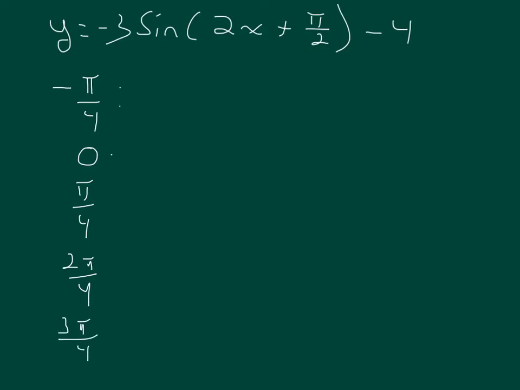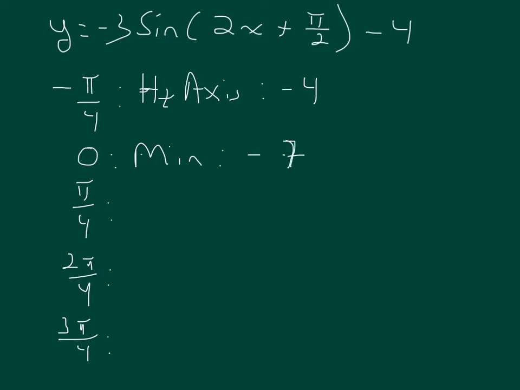And remember, this is a negative sine. Sine curves always start at the horizontal axis, which in this case is negative 4. Then, because it's negative, now I'm going to go to my minimum value. Go to my minimum, which is negative 7.